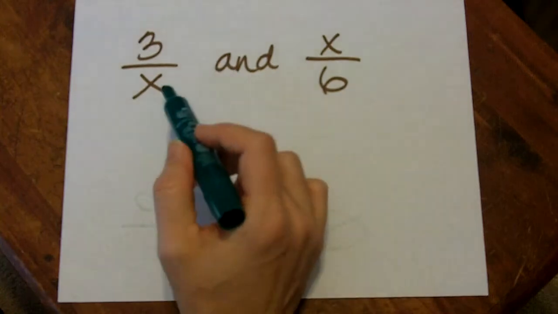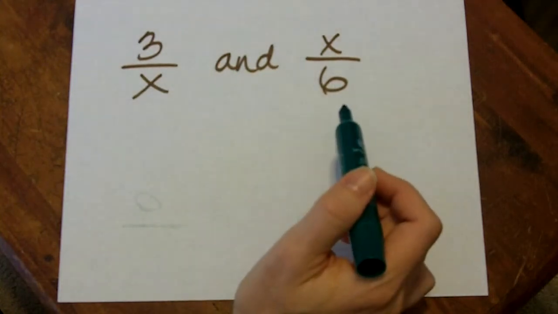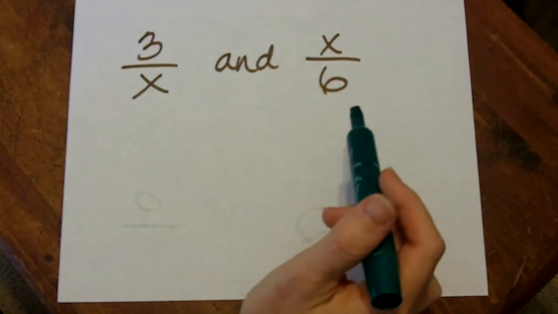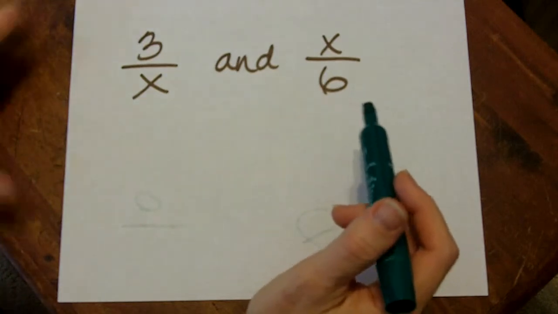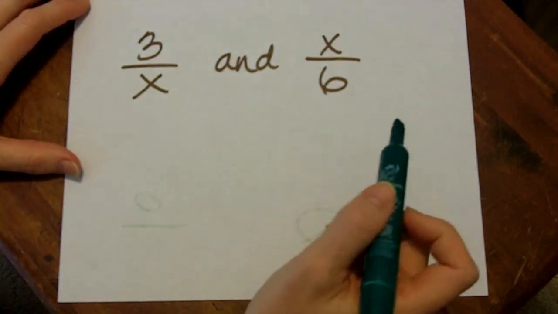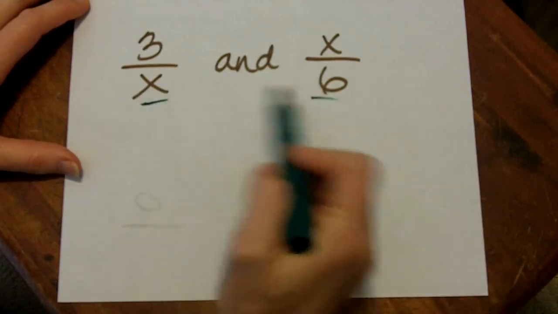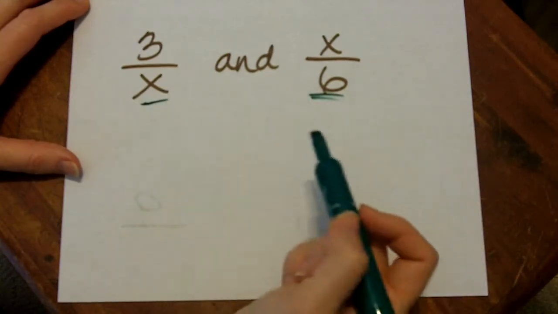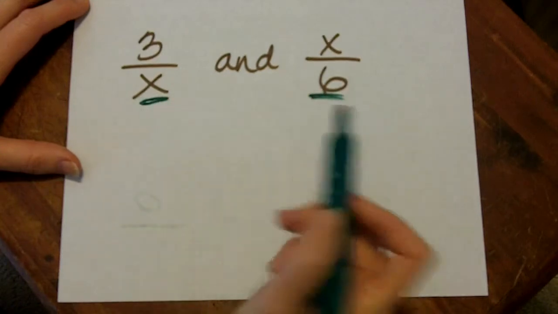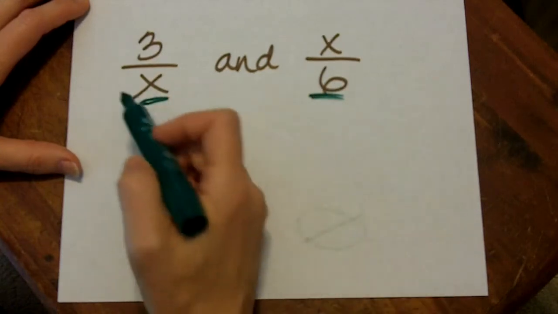Okay, and just one more example of a type of problem you will have. You'll be given things like 3 over x and x over 6, and you'll be asked to give them the same denominator, make them into equivalent fractions. And so in this case, they really don't have anything in common. So you're going to have to, just like if you were doing a math problem with fractions, you're just going to have to use both of them as your denominator.